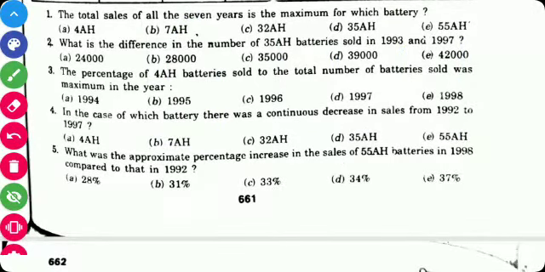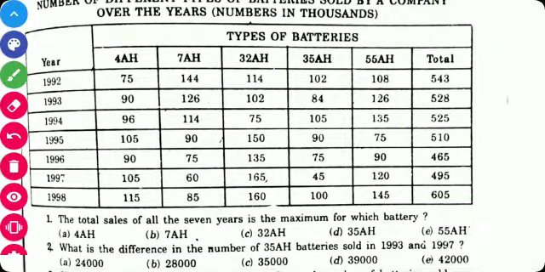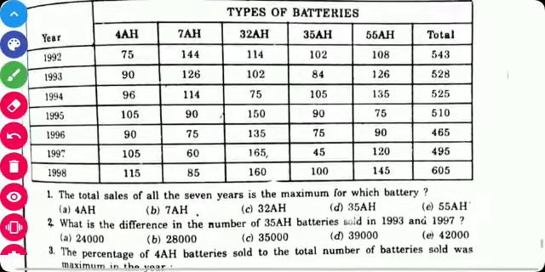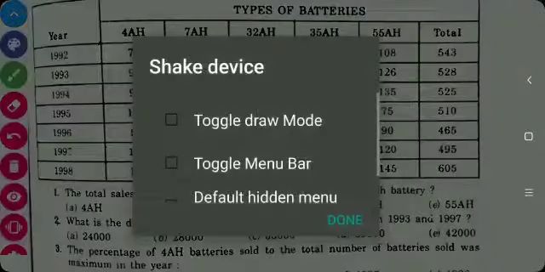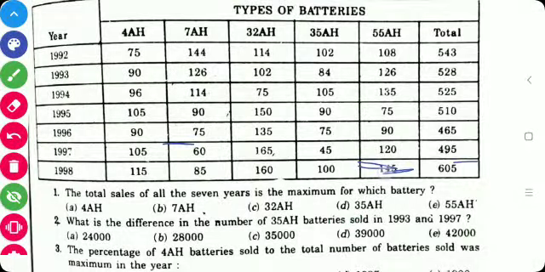Second answer. Then next is, what was the approximate percentage increase in the sales of 55AH batteries in 1998 compared to 1992? Which battery? 55AH. For which years? 1998 and 1992. So 1998 is 145 and 1992 is 108.